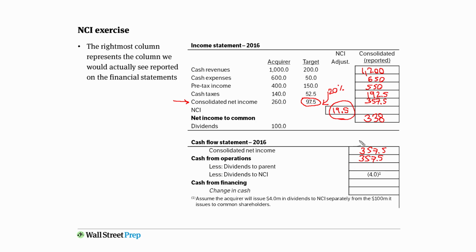Under cash from financing activities, two things are happening. The first is dividends to the parent, an outflow of 100. And the other is that dividends to non-controlling interests is going to be 4. That's because we're making an explicit assumption that the acquirer will issue $4 million in dividends to non-controlling interests separately from the $100 million that it issues to common shareholders.